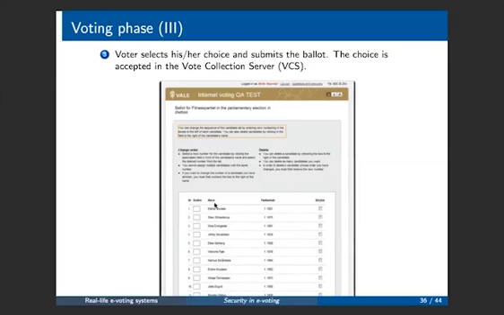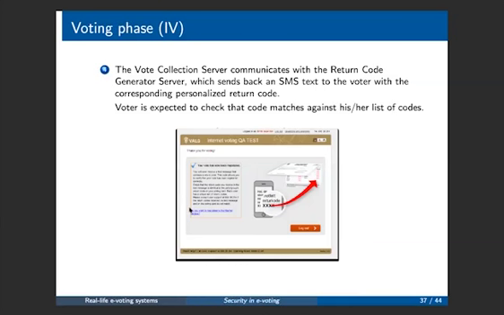So here's where we see all the candidates, and the voter just selects the candidate. And then at this point is where the citizen receives on his or her mobile phone an SMS with a code. That code is the one that the citizen needs to check and match against these return codes. If it's the same, it means that everything went fine. If it's not, then something is going on and they need to file a complaint.